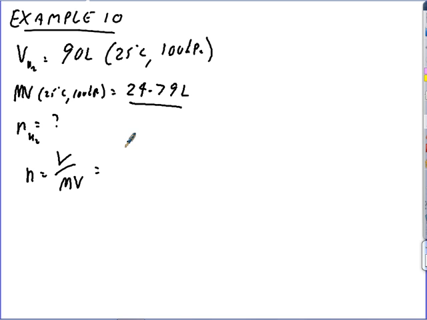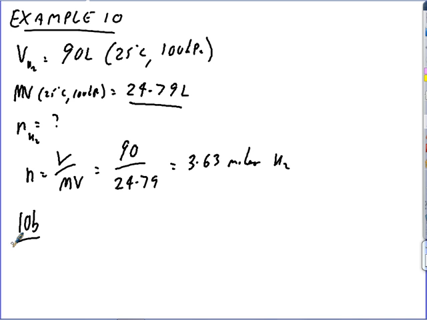In this case it'll be 90 litres divided by 24.79. We take out our trusty calculators. 90 divided by 24.79 tells me that I've got 3.63 moles of hydrogen. So if I've got 90 litres of hydrogen, that's the same as having 3.63 moles of hydrogen.